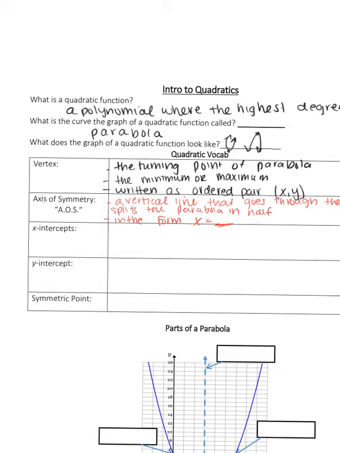The next is our x-intercepts. So we define our x-intercepts as the points where y is 0, okay? So wherever we have a y equals 0, that is where we have our x-intercepts, okay? We could also define this as points that cross the x-axis, okay? Remember, our x-axis is left to right, okay?